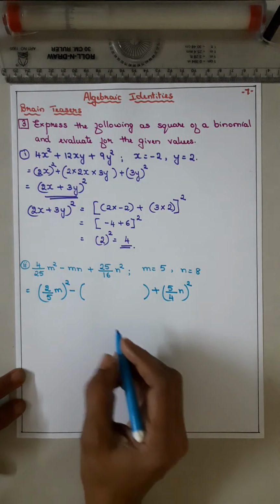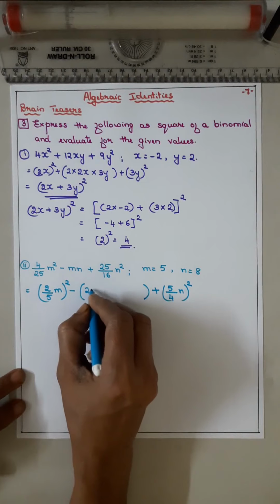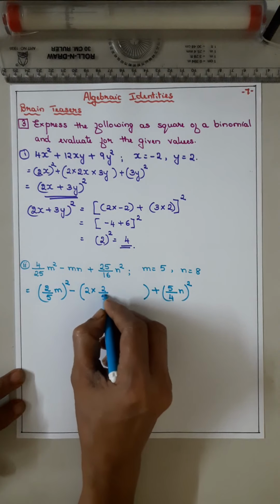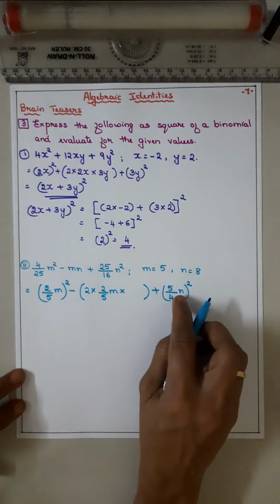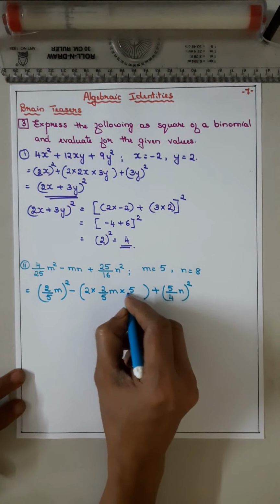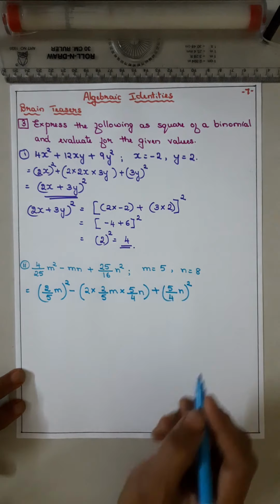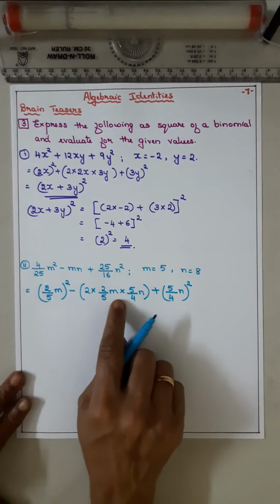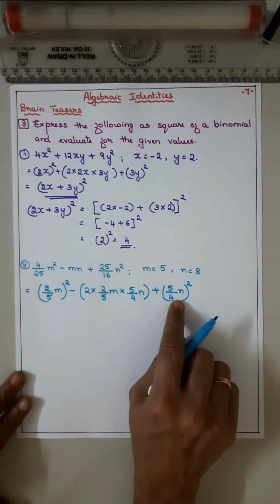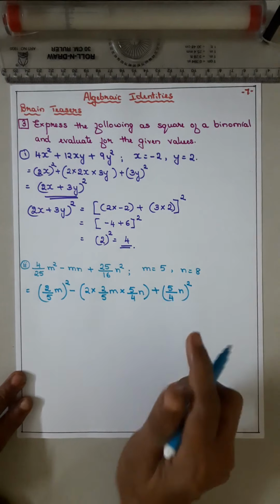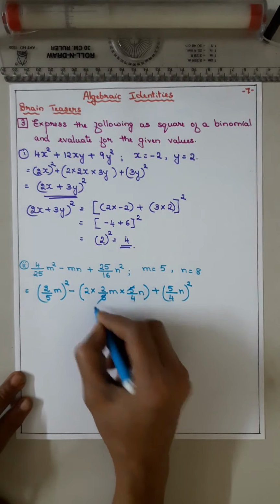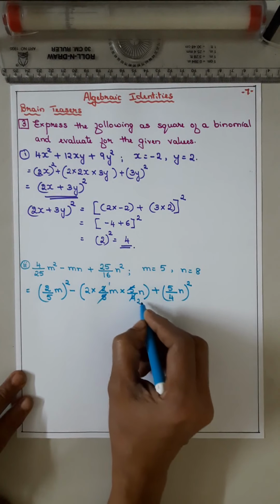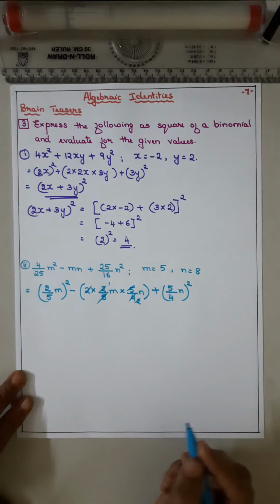Now put the values in between. That is 2 into, first term is 2 by 5m and the last term is 5 by 4n. That is a squared minus 2ab plus b squared. Okay. Now 5 gets cancelled. 2 ones are 2, 2 twos are 4, and 2 gets cancelled.